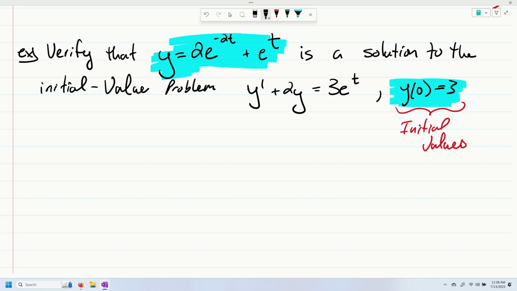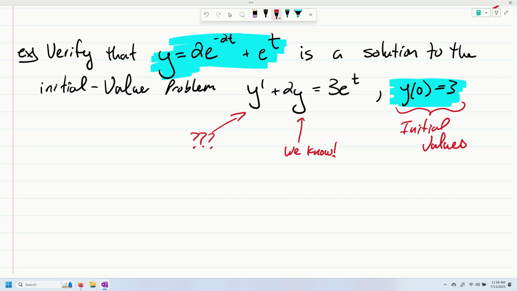So if you look at the differential equation, y prime plus 2y equals 3e to the t, notice we already have y. We know what y is. What we don't know is y prime.